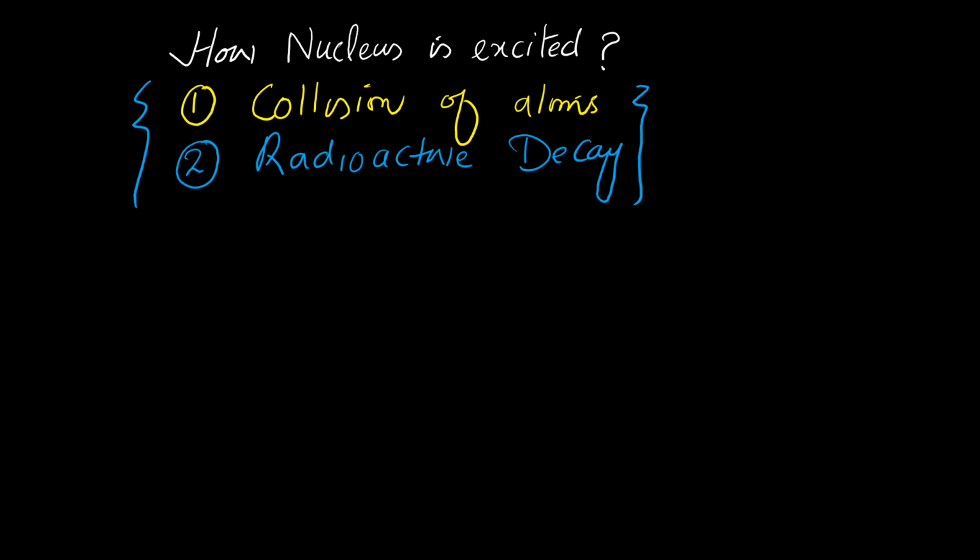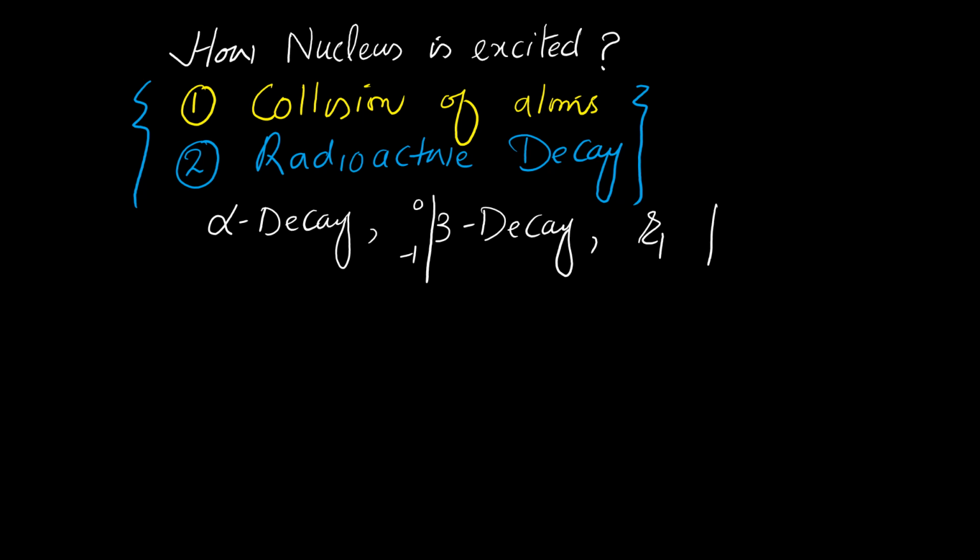So dear student, please note that there are different types of radioactive decay, such as alpha decay, beta decay, and positron decay, etc. However, gamma decay usually takes place, or gamma particles are produced, mostly by beta decay.